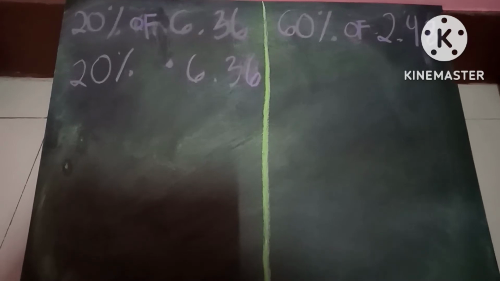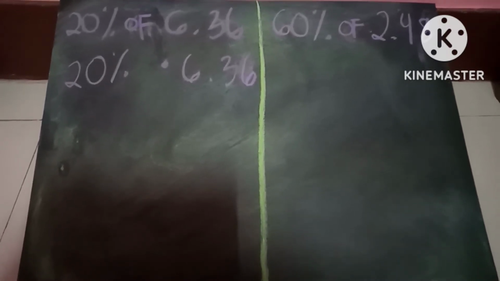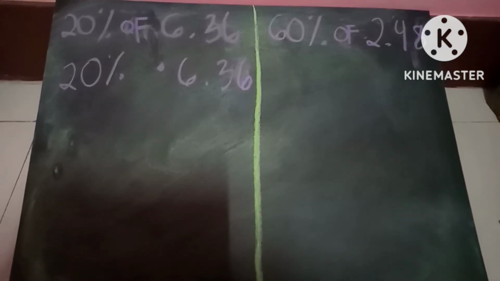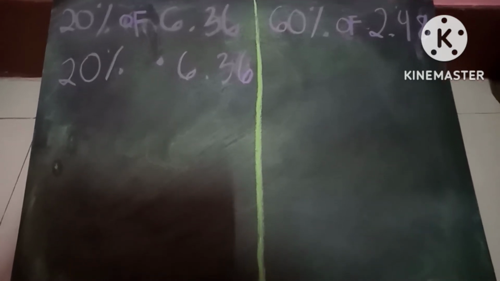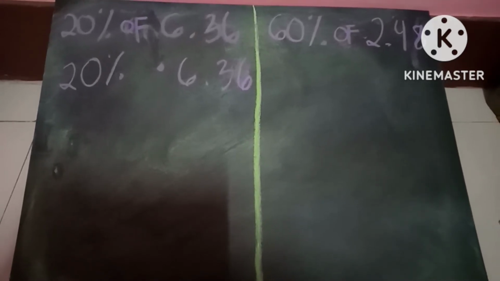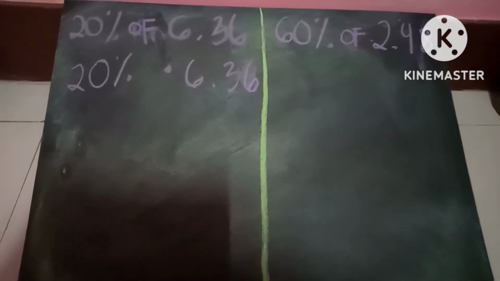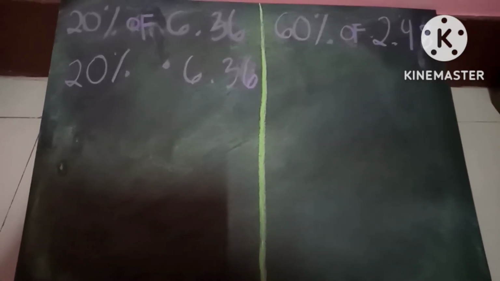Now, to get the 20% of 6.36, we would need to multiply the 20% to the 6.36. But because we can't multiply a percentage to a whole number, we will need to convert the 20% to its decimal.